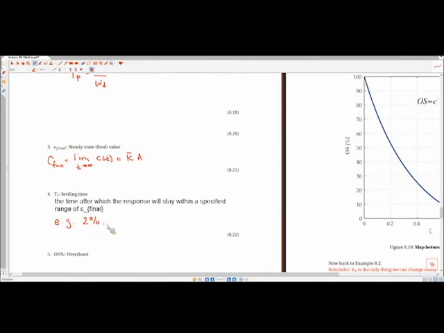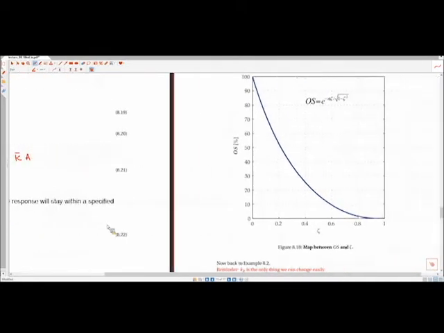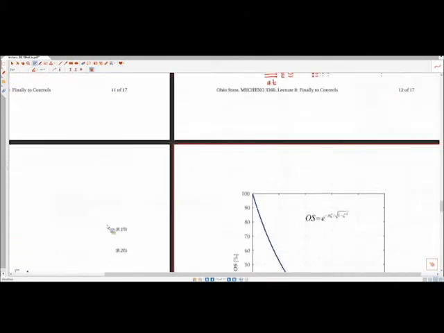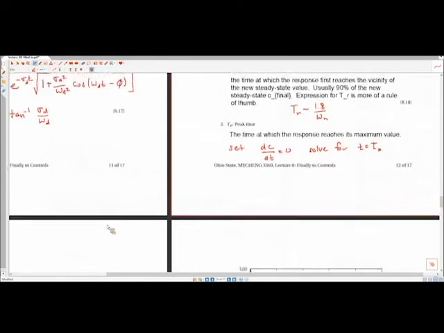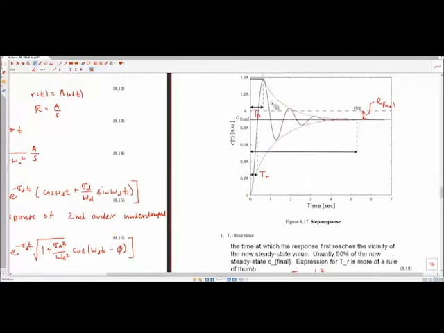So I agree. If you look at E final, it's a positive number, right? So the system is always going to be putting a force into the system. If we look at a mass spring damper, this is a mass spring damper with a force applied to it. So the force is always going to be some non-zero number, greater than 0, pushing it in the direction of A. But we also have a spring on our system, and that's pulling it back.